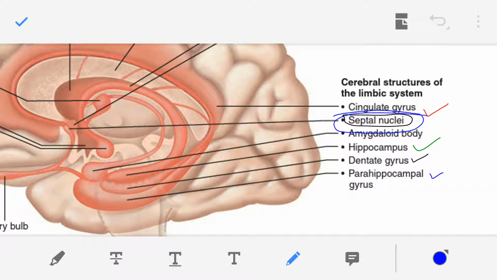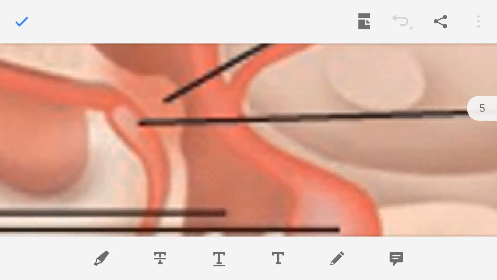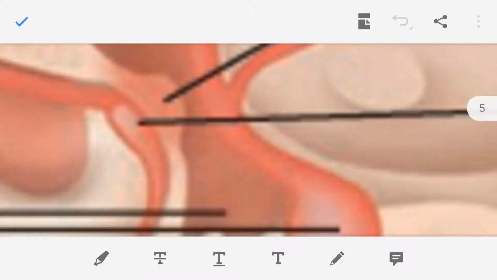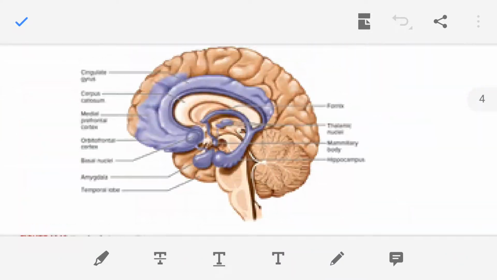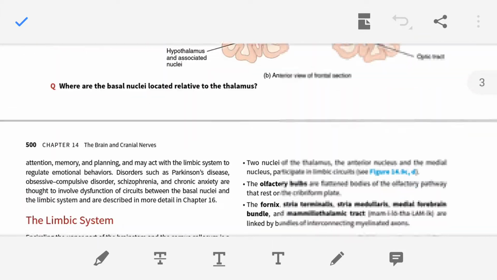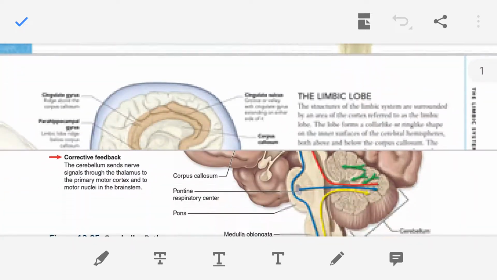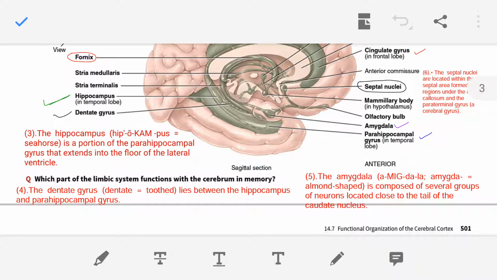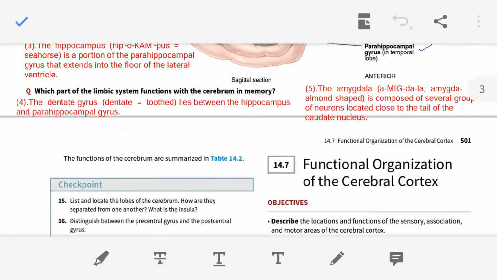This portion, septal nuclei. You follow the arrow, this region. This is the septal nuclei. So in the sixth point we have discussed the septal nuclei.